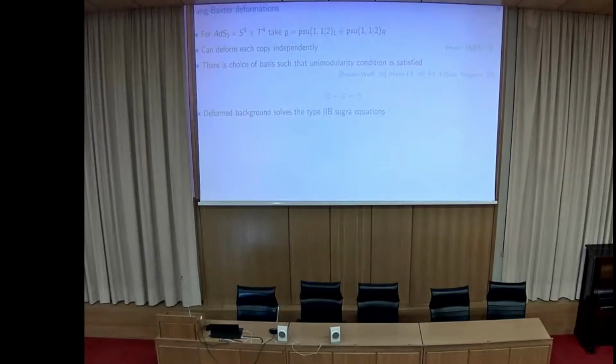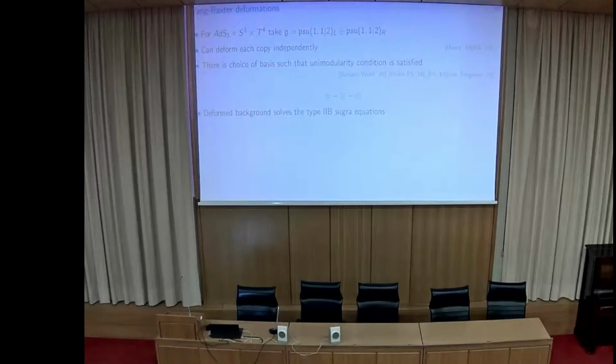A remark is that this deformation is engineered such that the integrability of the model is preserved. But if you want to have an interpretation in terms of string theory, you would like, for instance, that your deformed background also solves the supergravity equations. As we have seen yesterday, this imposes an additional constraint on the operator R, and this is the unimodularity condition. One can show that there is no problem in that case.